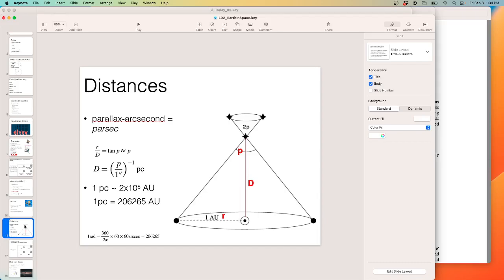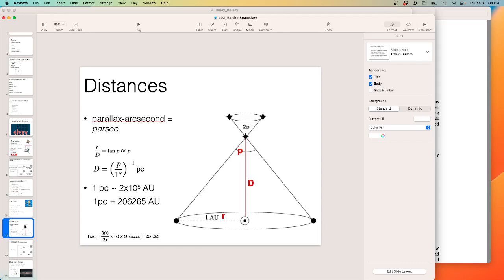really just geometry. We have an angle here, but I'll show you where this number comes from. So this is my angle theta, this is my distance, let's call this capital D, keep it consistent, and this is my baseline r. That makes sense? So this is one part of the Earth's orbit to the other part of the Earth's orbit.